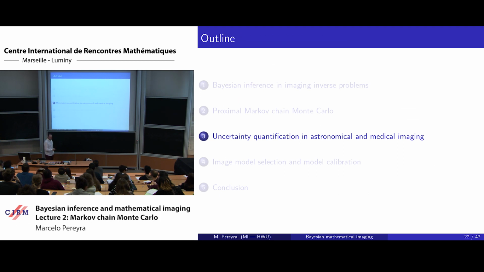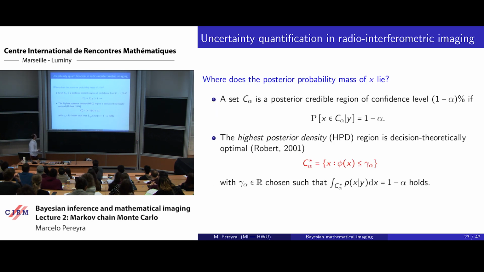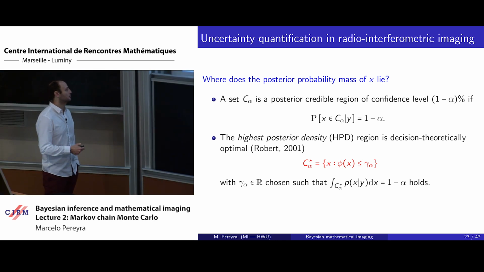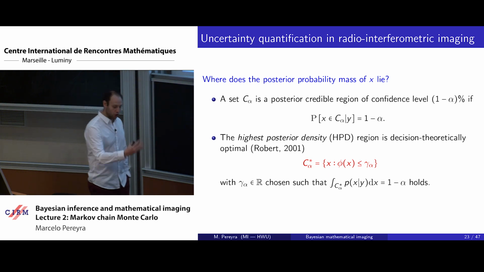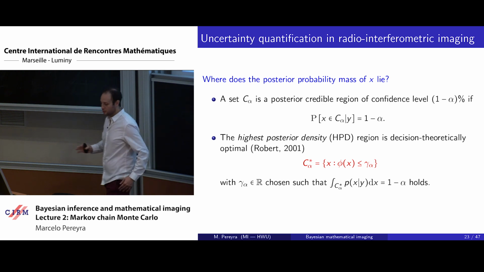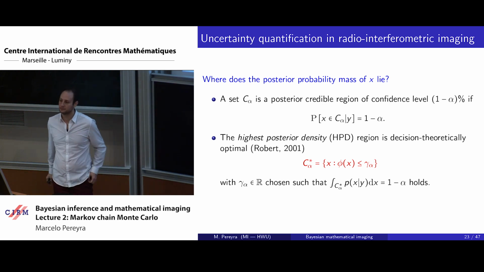Okay, so once we have an algorithm, what can we do with it? Well, we can revisit all of my elephants from an hour ago. So let's say I want to do uncertainty quantification. Instead of computing an estimate for x, I want to get a set of solutions, C alpha star, that has lots of solutions, an infinite number of solutions, with high probability.